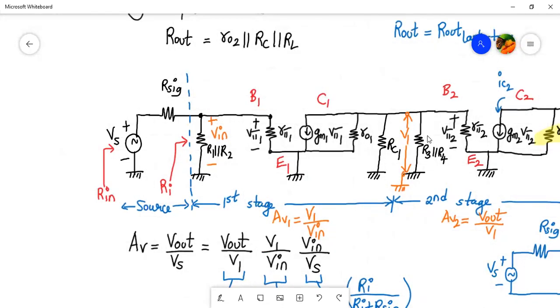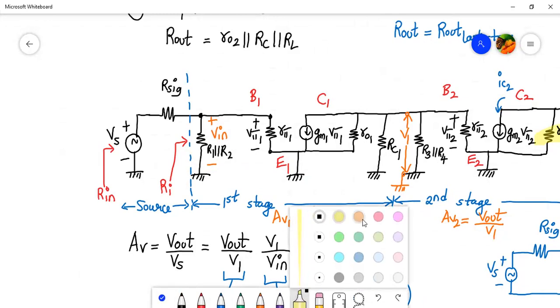V1 is over here. And how many resistances do you see along with V1 in parallel? RO1, RC1, R3 parallel to R4, and then parallel to R pi 2. Correct? So these many resistances are in parallel with each other, and I'll mark them with a green color.